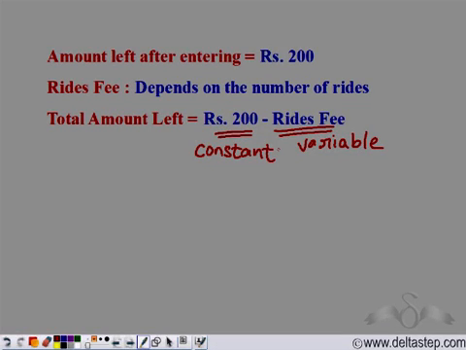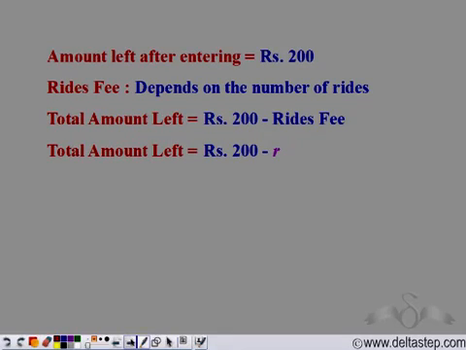It is the fixed amount which you have with you once you enter the park. So it is 200 minus rides fee. We can again represent rides fee by a variable, and we represent it by r and write 200 minus r. So total amount left is 200 minus r.